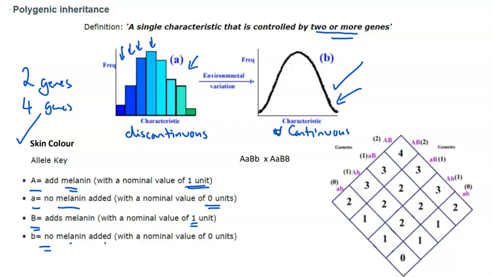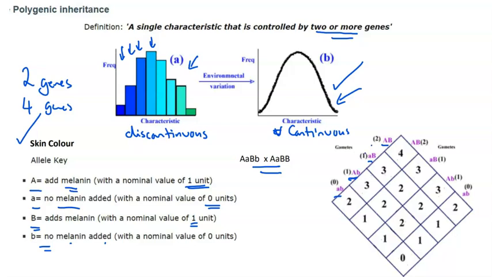Now, if we then look at the gametes that we could possibly have for such a cross, this is a double heterozygous cross, of course, then the gametes would be big A, big B; little a, big B; big A, little b; and little a, little b.